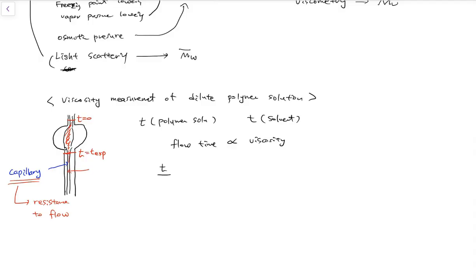So the time of the polymer solution over the time for the solvent, t over t0, should be proportional to the viscosity of the solution over the viscosity of the solvent. It's very simple, right?